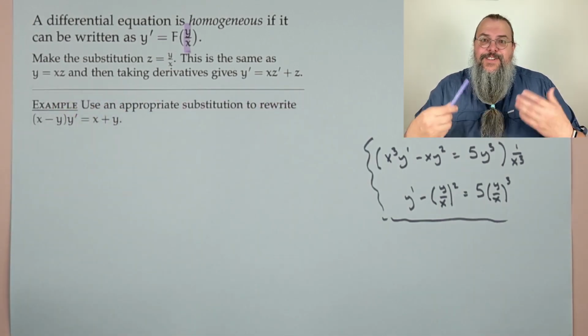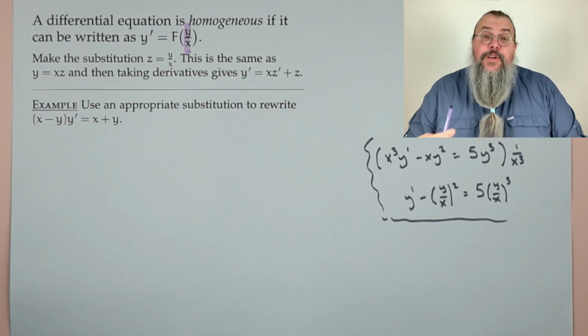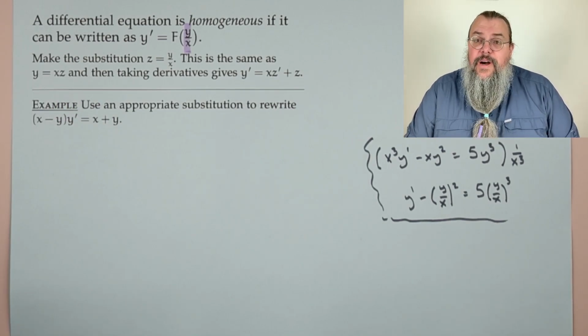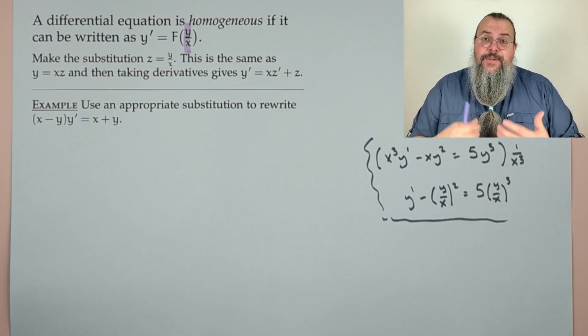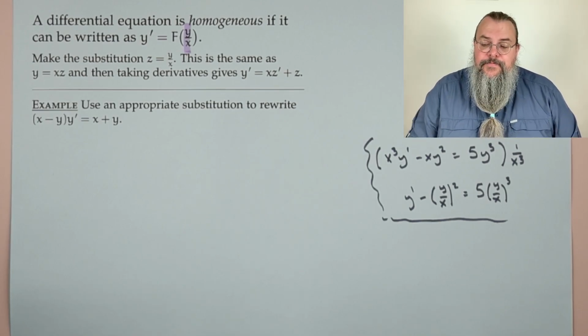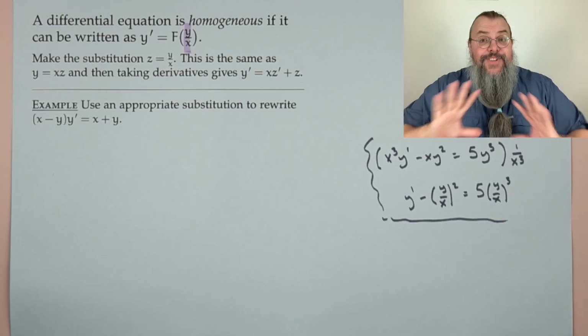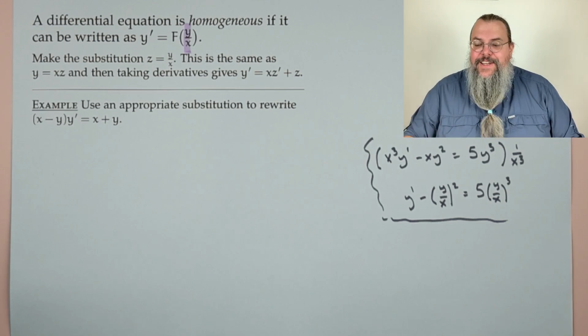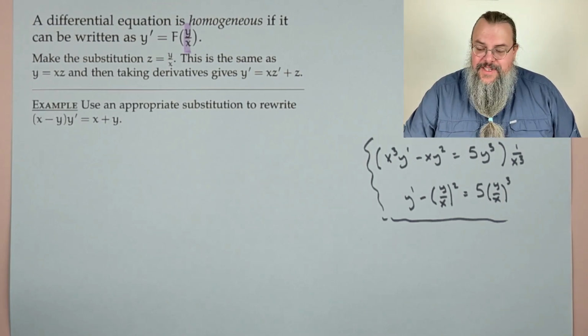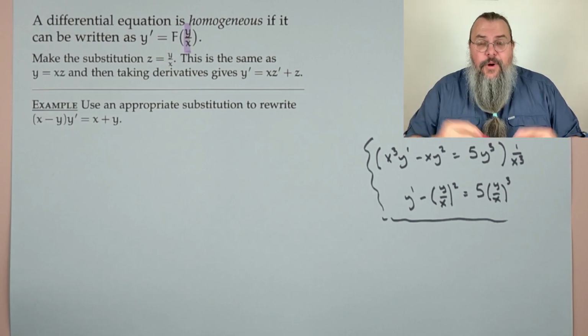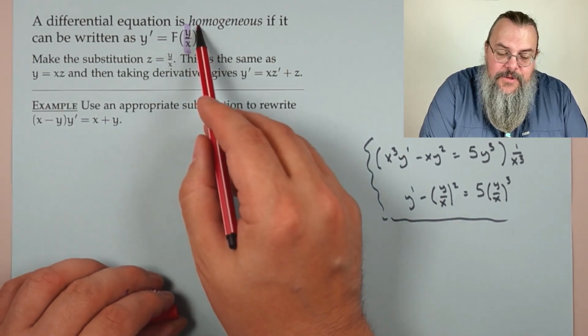All right, so an example. Use an appropriate substitution to rewrite x minus y times y prime is equal to x plus y. All right, now notice we're rewriting. We are not solving. So that's good news for us. But we have to do an appropriate substitution. And spoiler alert, it's going to be a homogeneous substitution.